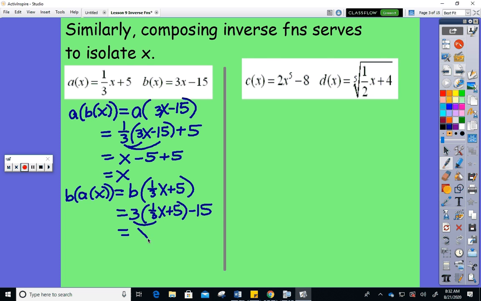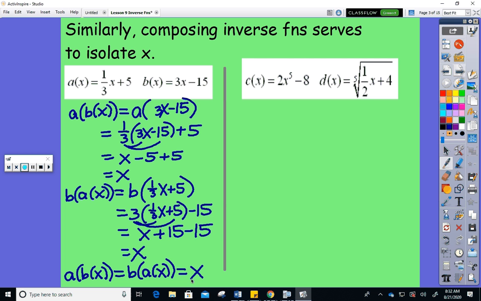So when I distribute, I get x plus 15 minus 15, and again, I isolate x. So because a of b of x equaled b of a of x, and they both equaled x only, they are truly inverses of each other. So again, we've just learned how to algebraically verify that 2 functions are inverses.